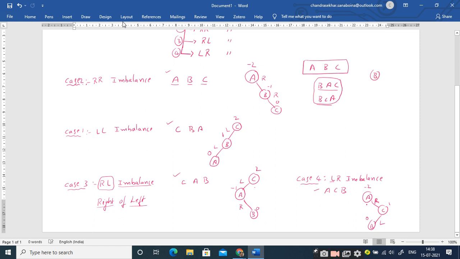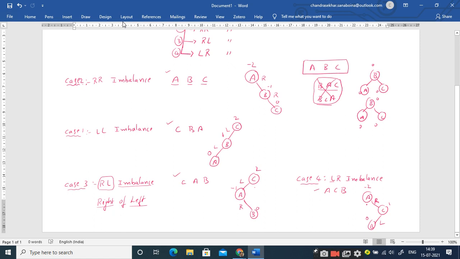So B is like this, after this A which is placed as the left child, and after this C which is placed as the right child. Similarly, for the other order, you take B, C is placed as the right child and A is placed as the left child. So in these 2 combinations we don't have any imbalances. If you calculate the balance factors, we will get everything as 0. So we are not going to consider these 2 combinations. That is the reason why we have only 4 types of imbalances.